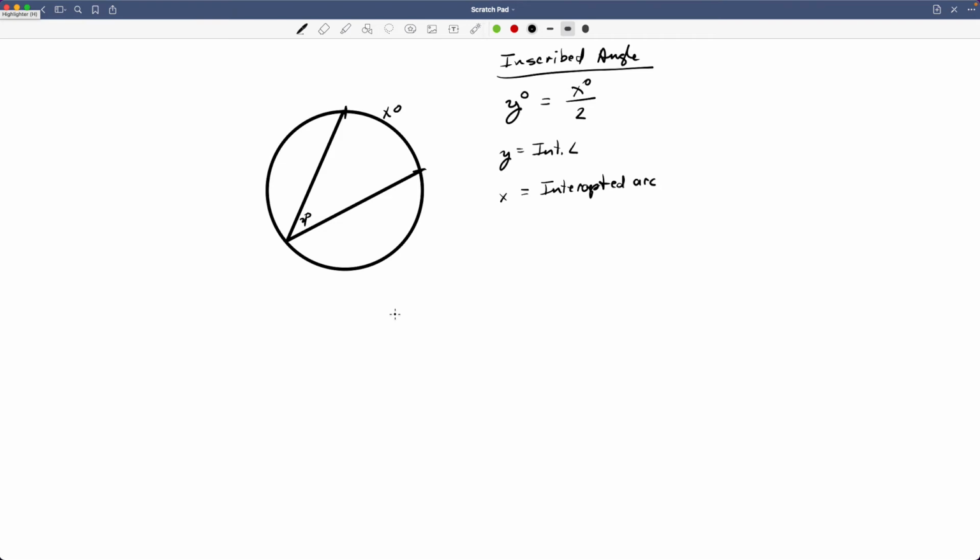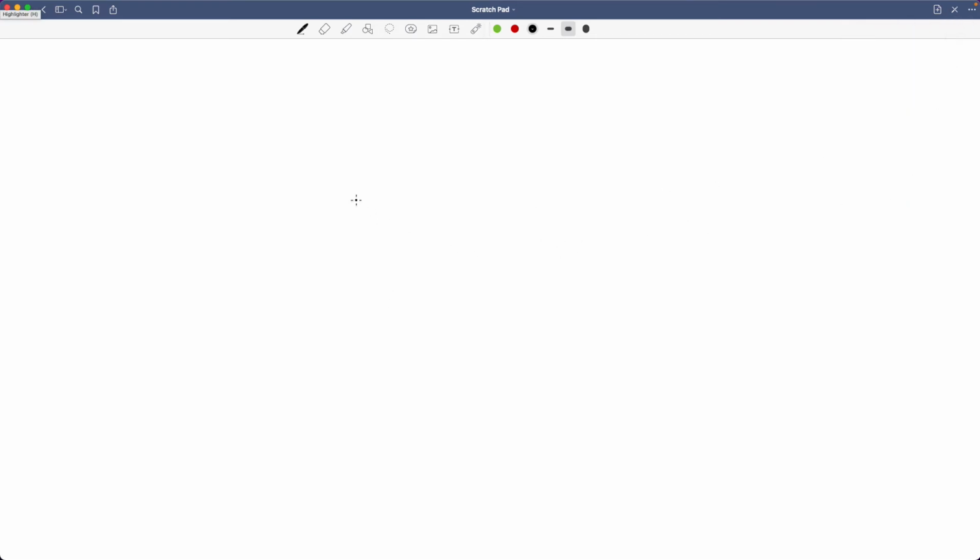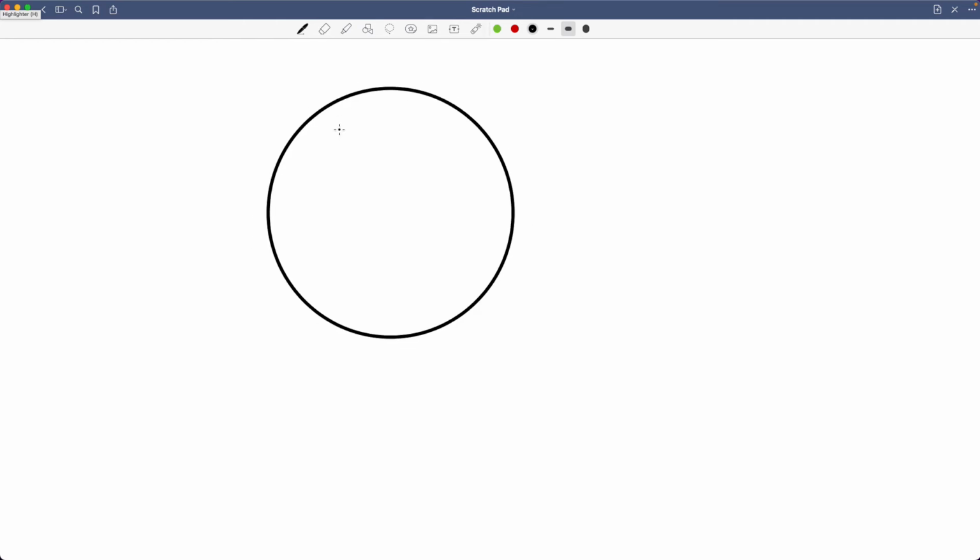Here's why this is true. Let me clear this. So here we have a circle, and I am going to try to draw, right, here is the diameter of a circle. Let me put a little right here. Here's our center.